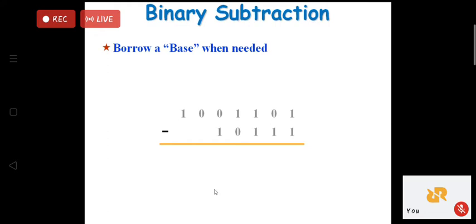So just for the sake of understanding, we are trying to understand how subtraction manually takes place. But inside the computer, only addition takes place, with the negative number represented as one's complement or two's complement. This is very very important to understand. We will take it in the next class. We will just see manually how subtraction takes place in case of binary numbers.